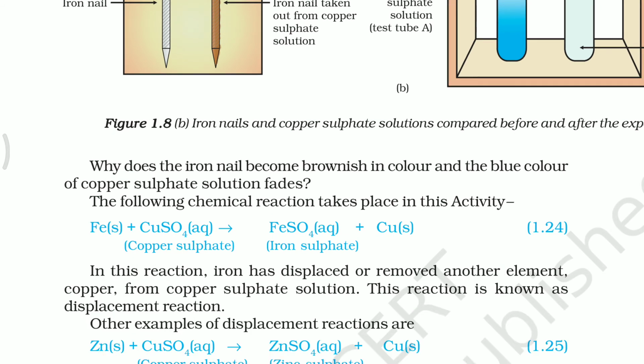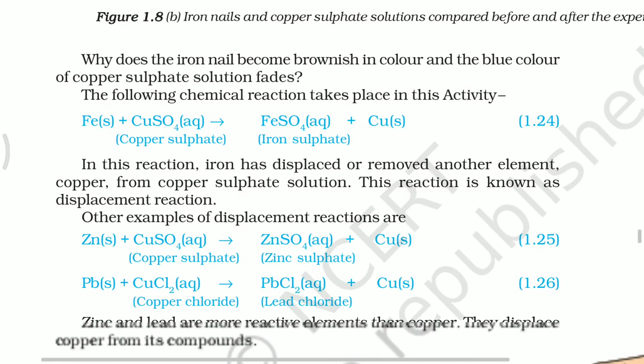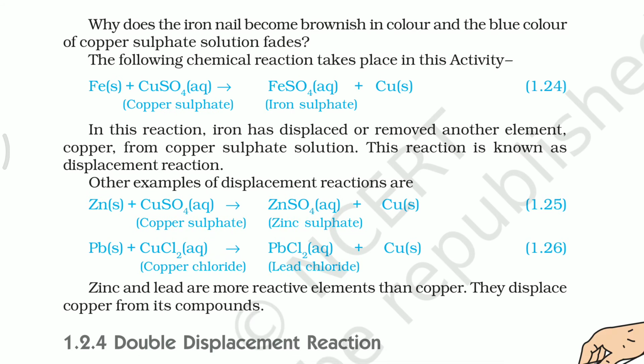Iron plus copper sulfate gives rise to iron sulfate plus copper. So the bluish color disappears and becomes greenish, and the iron nail becomes reddish brown. Next, a more reactive metal simply displaces a less reactive metal.